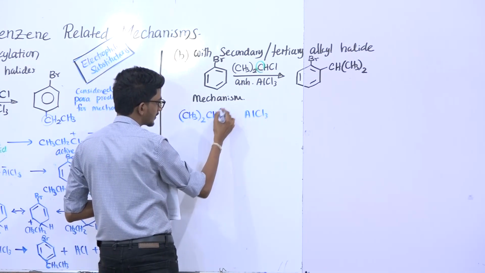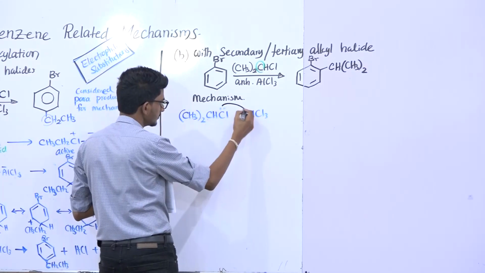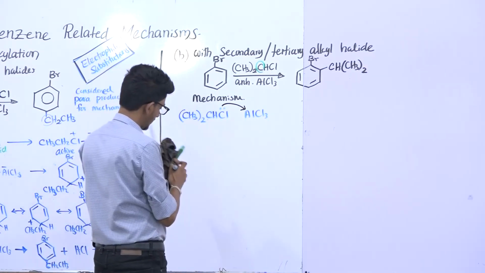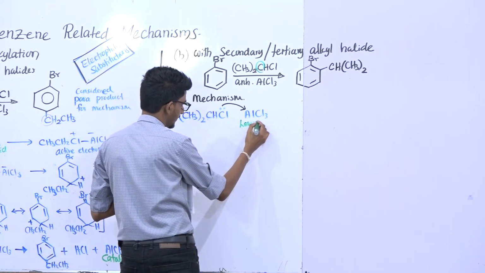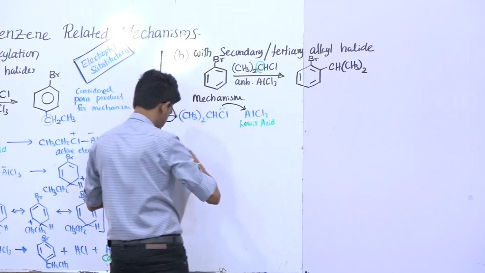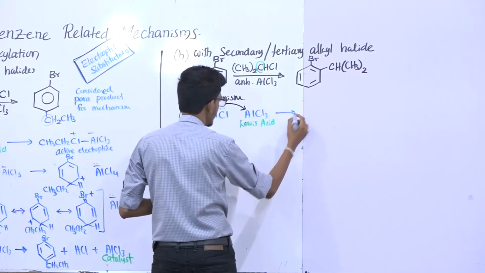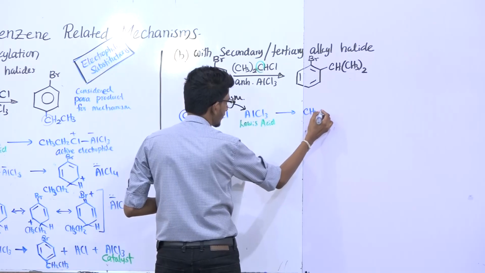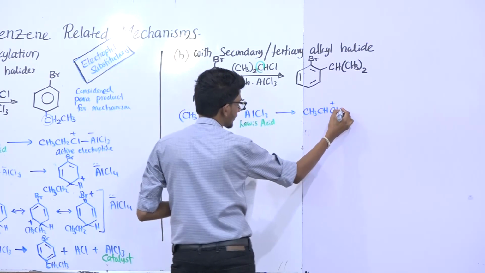So this thing happens, right? Like in the earlier cases, this guy acting as a Lewis acid, right? So that you produce CH3CH(Cl)+ .